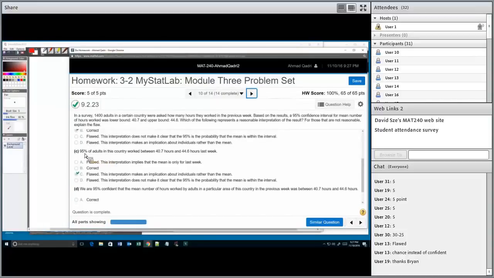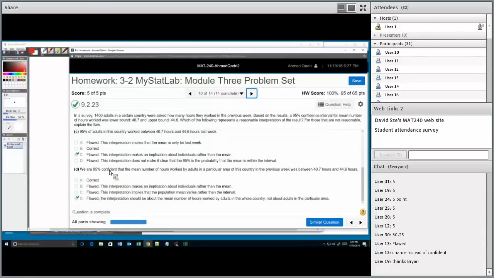You're not associating your confidence with respect to the confidence interval. So this is what's wrong about it. You cannot use 95% as a proportion in this confidence interval.